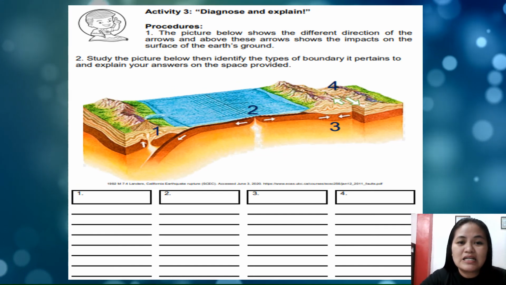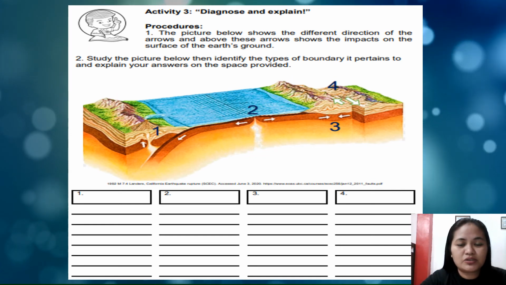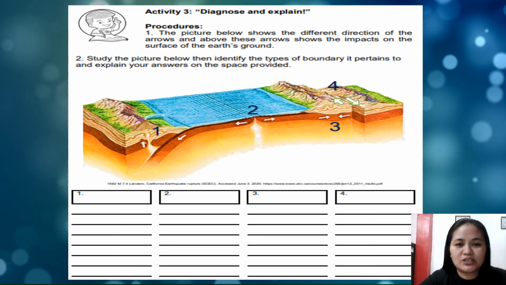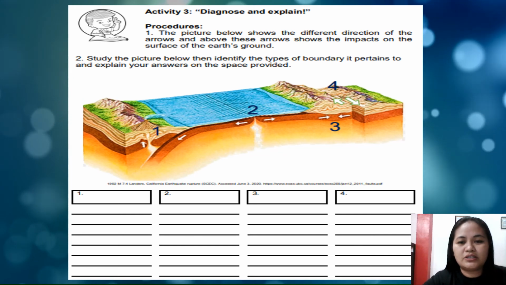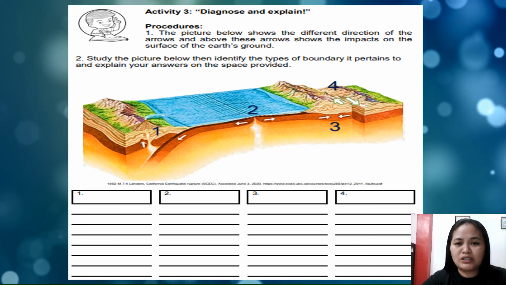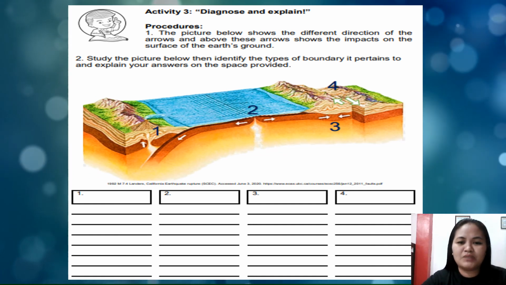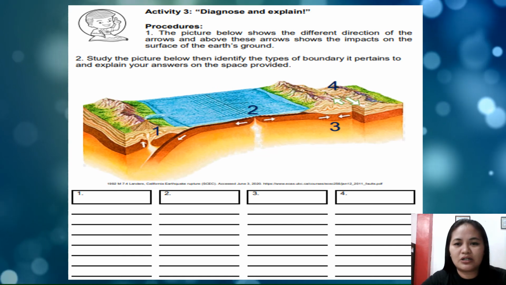Number 1. The picture below shows the different direction of the arrows, and above these arrows shows the impacts on the surface of the Earth's ground. Right, so you have here the arrows showing the movement of the boundaries. There is moving away, moving together, and sliding past each other.